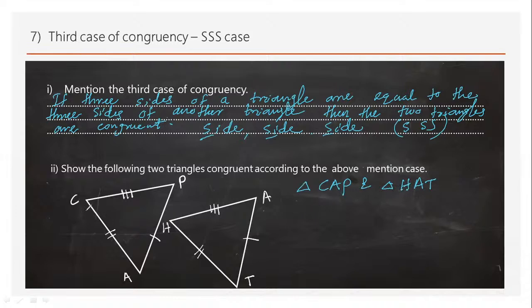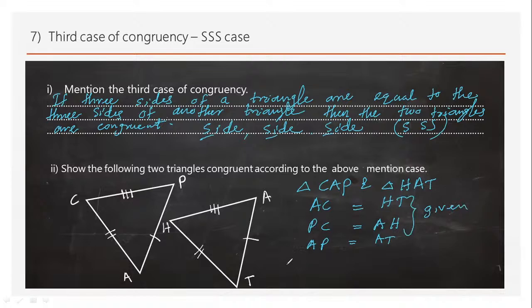Cap, you can see AC equals, double line here, HT. And the triple line here, PC equals AH. Single line, AP equals AT. Given information.